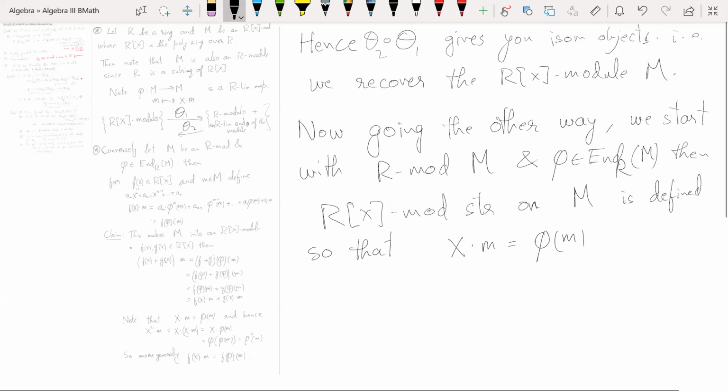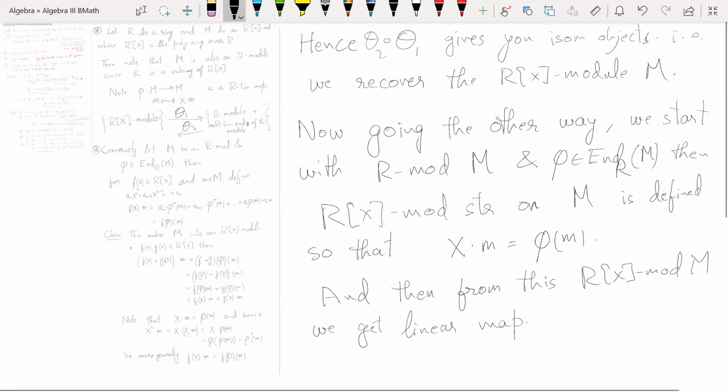So the R[x]-module structure is this way, and then from this R[x]-module structure, if you want to get the linear map back, we get the linear map by multiplication by x.